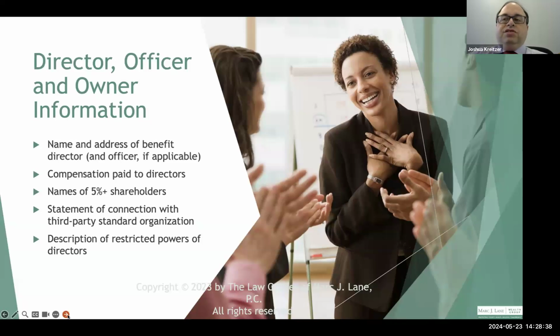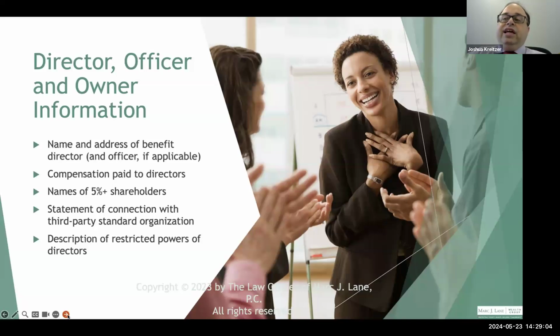The report must also contain the director, officer, and owner information. That is the name of the benefit director and the benefit officer and their contact information. The compensation paid by the benefit corporation during the year to each director and the capacity of a director. The name of each person that owns 5% or more of the outstanding shares of the benefit corporation, either beneficially to the extent known or of record.